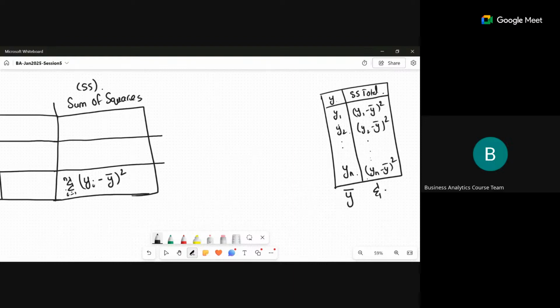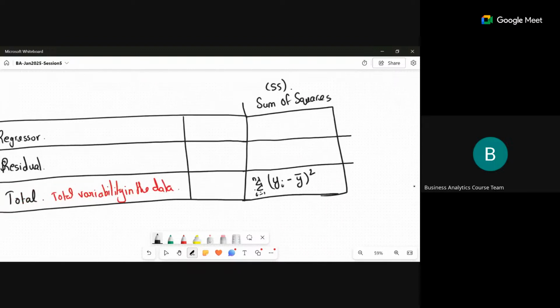Sum up all of this, that is your SS total. That is your total variability that is available in the data. Say 5000 is my total variability. That is what the bottommost row of your ANOVA table tells you.